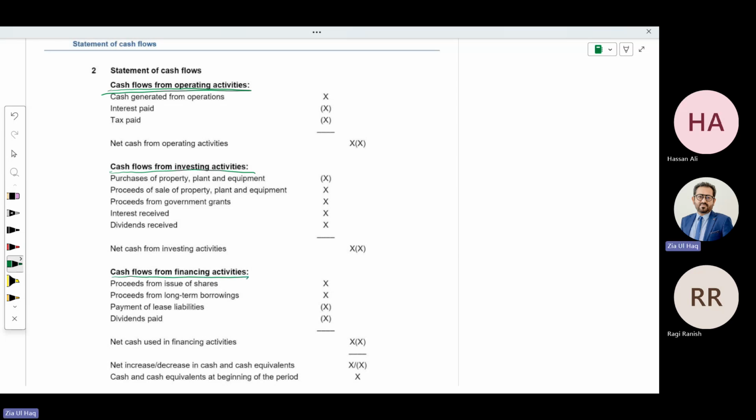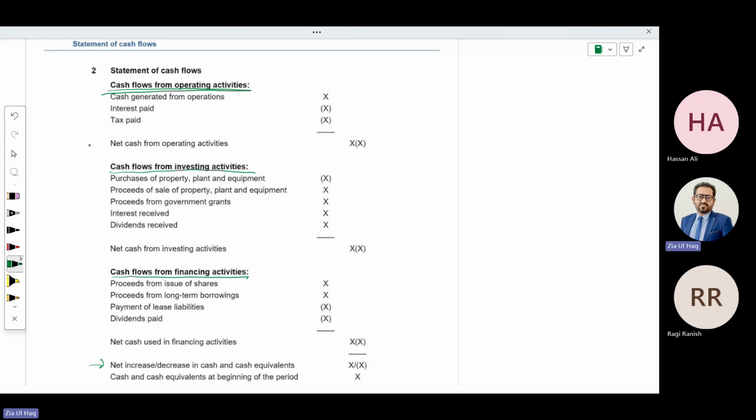The figure could be either positive or negative. Then we need to add all these three figures. So that will be called a net increase or decrease in cash from these three activities.